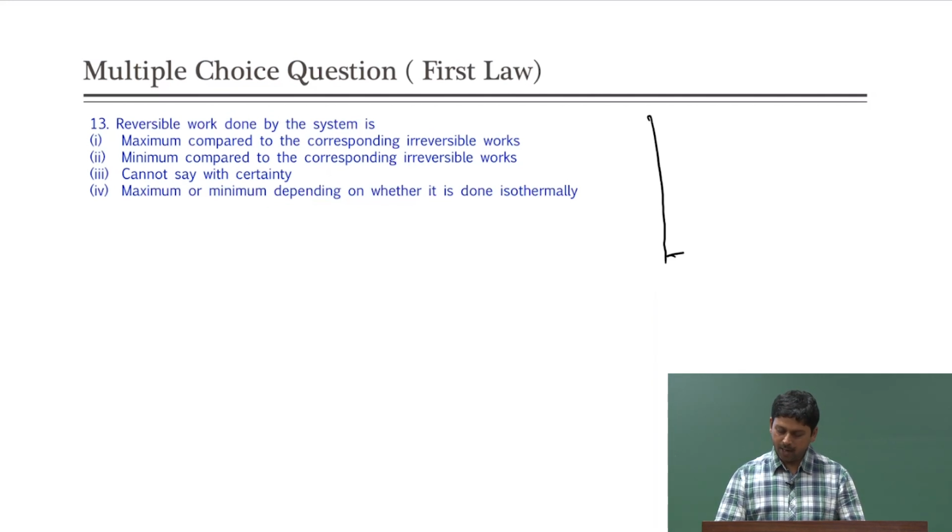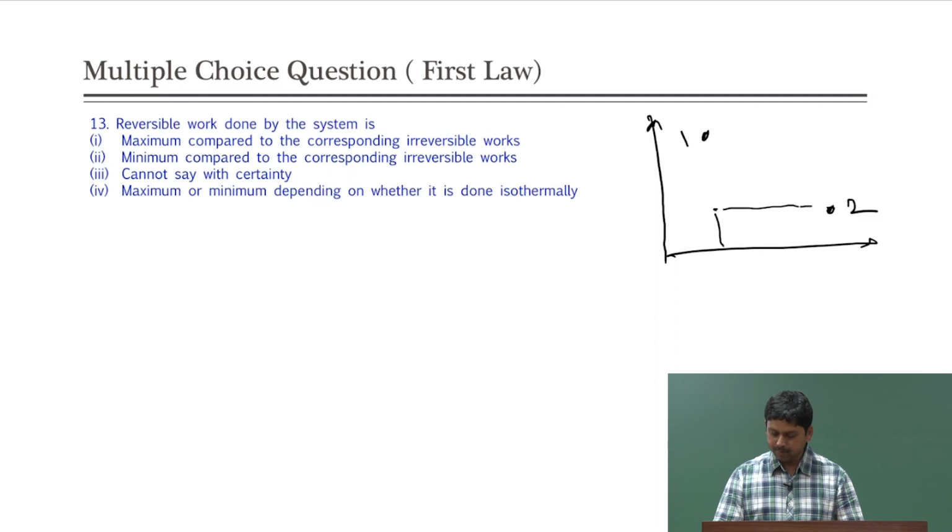So, I will remind you again how we calculate the work done for two processes. Let us say we are talking about work done by the system, which is typically an expansion work. We start from 1 and go to 2. If it is done in one step, the work done will be this much, and we have discussed that if you do it in a 2-step process, then let us say you come here, and the work done by the system will be this much.